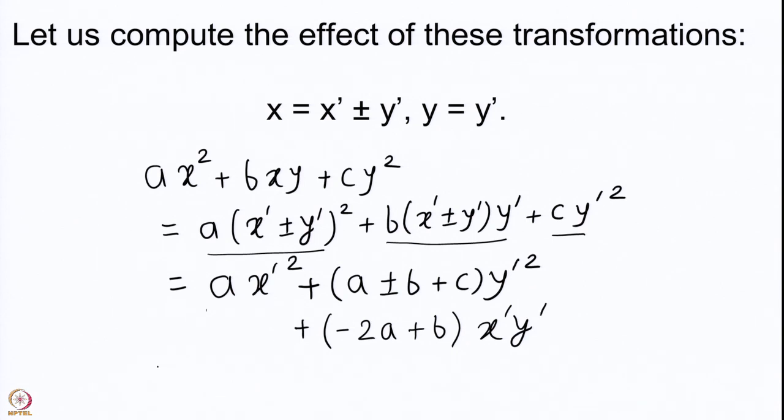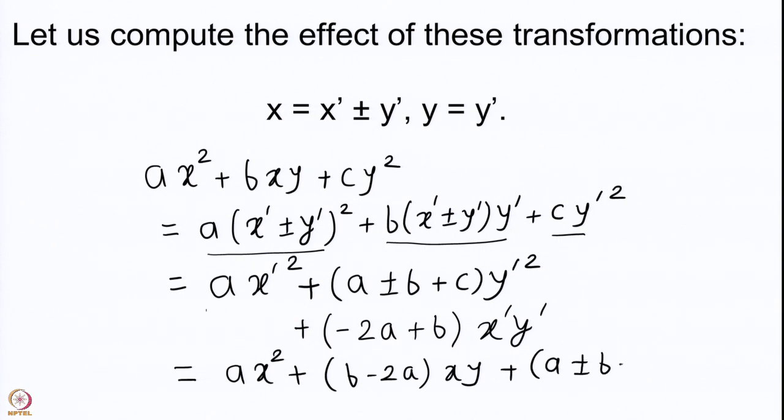So, if I write it again in terms of my x and y, ignoring the prime, then I get, so there is a sizable change in the coefficient of y square, that has changed from c to c plus a plus minus b.